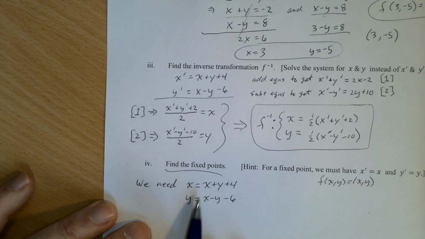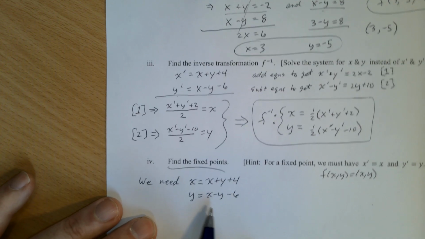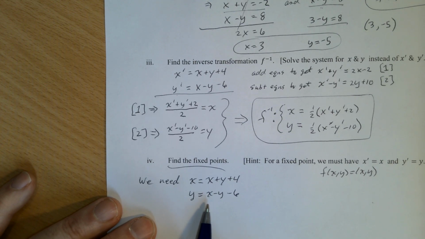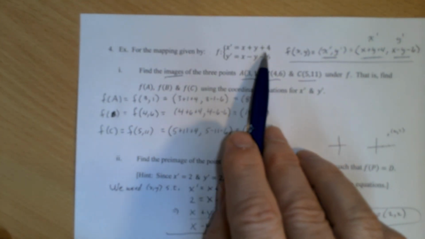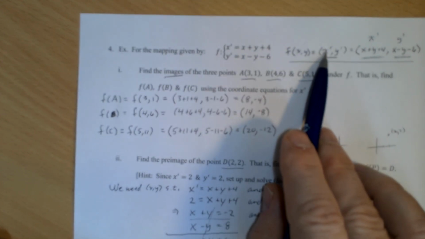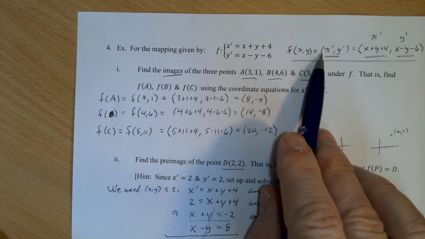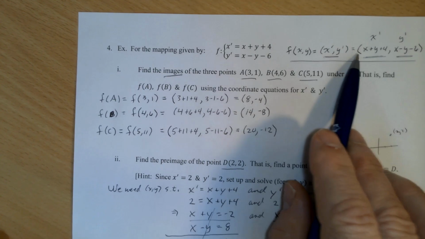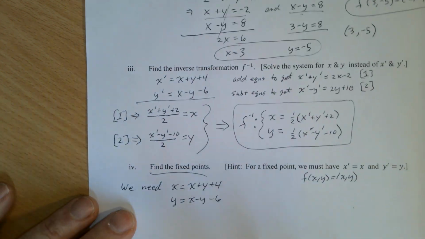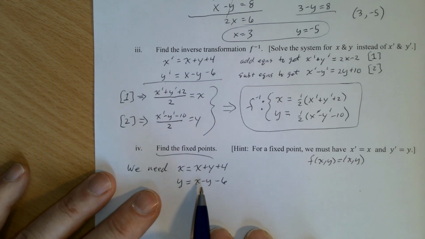Now we're going to solve this system of two equations, and we're going to find if there's an ordered pair, if there is a solution. So again, all we did is we took the original up here, and if we need f of xy to equal xy, that means that x has to be x prime and y has to be y prime. F of xy equals xy, which is equal to this. So let's see if we can make that work. Solve these.